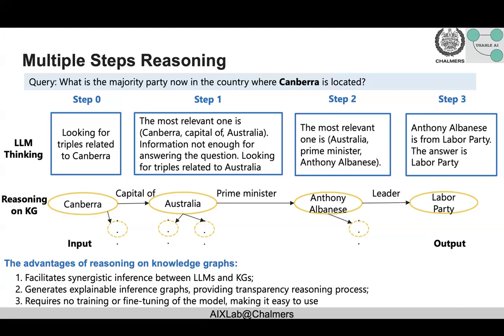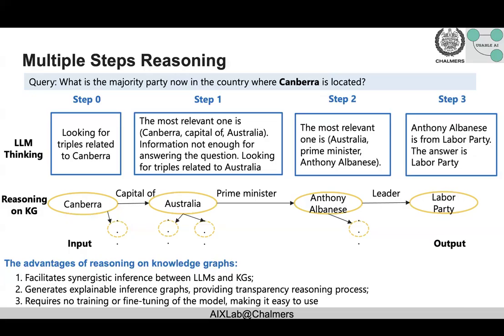Here, the prime minister is Anthony, and then search next and think, find that Anthony is the leader of the Labour Party. So we can answer the question here. In this paradigm, we can see there are at least three advantages. First, this step-by-step paradigm facilitates the synergistic inference between LLMs and KGs, and this process is explainable.